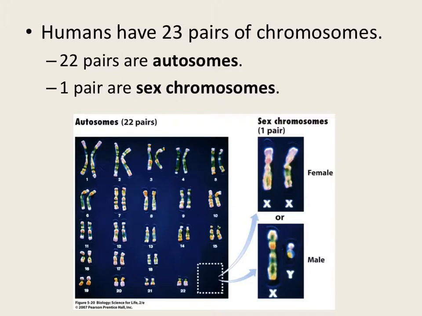We're just starting with sex chromosomes. So humans have, of course, 23 pairs of chromosomes. 22 are autosomes. And then there's a pair of sex chromosomes. And an individual who's diploid either has an XX or XY.